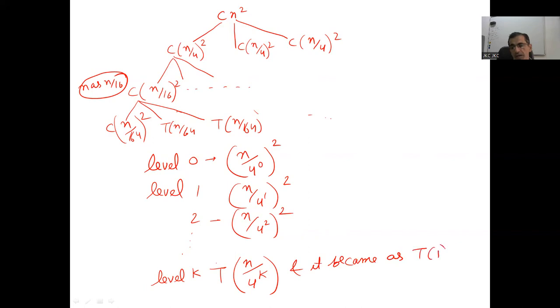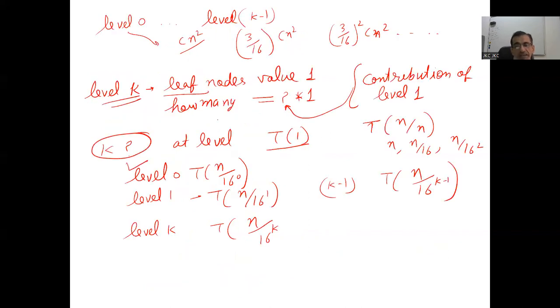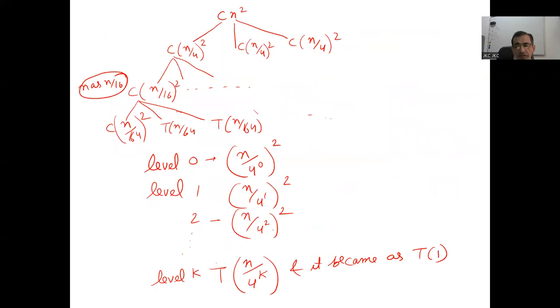I think on the last slide I was writing it slightly incorrectly. Ideally this should mean this was level 4 raised to 0, this was 4 raised to 1, and then finally 4 raised to k. But at this point it will become T of 1. The summation of the level sides we have already done, that was correct.